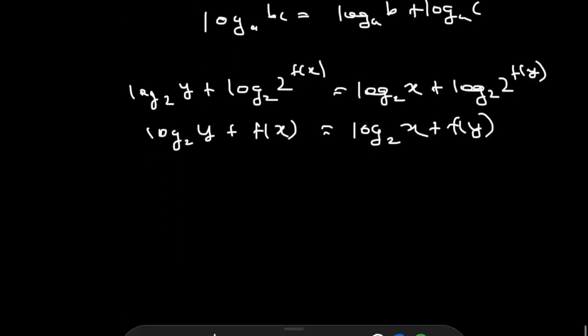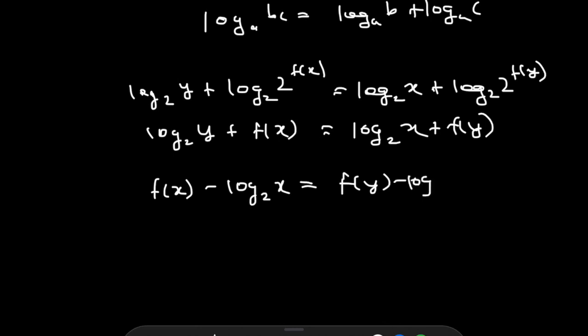So the separation part comes where we separate the variables on two different sides of the equation. So we have f of x minus log 2 of x equals f of y minus log 2 of y.